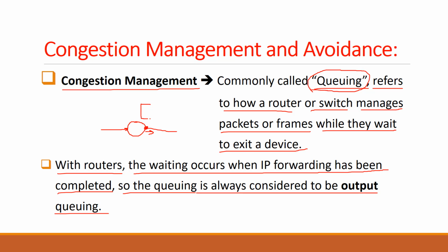So when we have a queue here for this interface, and we will define the types of queues in another slide, we will find out that the router has only output queuing.